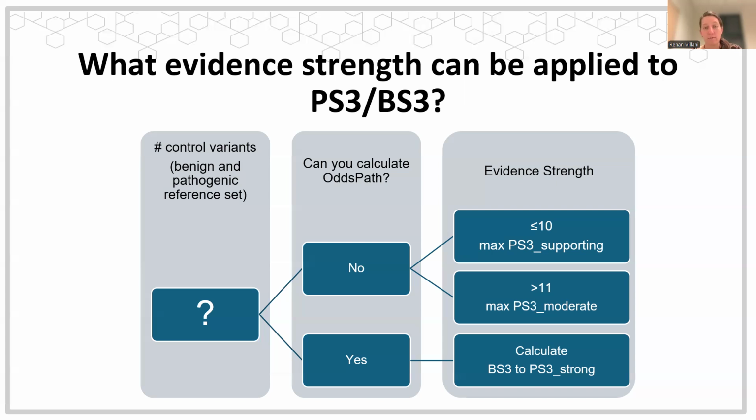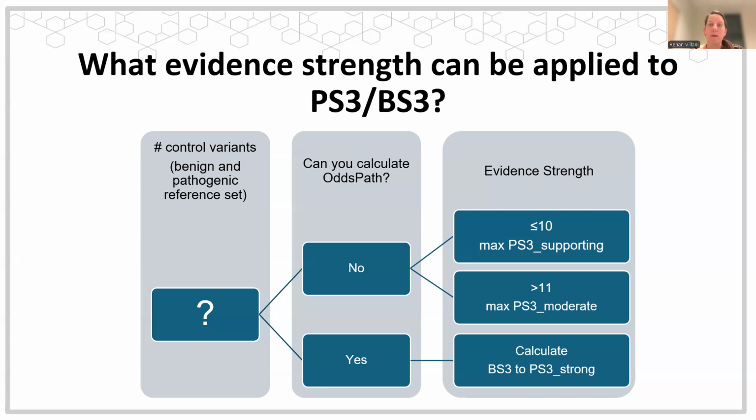If you have more than 11, then you may be able to apply moderate, or at least higher than supporting evidence. If you can calculate an odds path, if you have sufficient benign and pathogenic reference variants, then you should calculate the odds path and/or the likelihood ratio and determine what actual evidence strength you can apply for classification of that variant. This could be anywhere from BS3 to BS strong, depending on the likelihood ratio that you calculate.